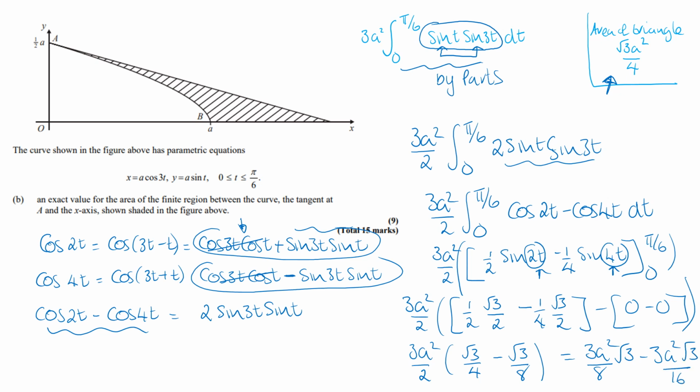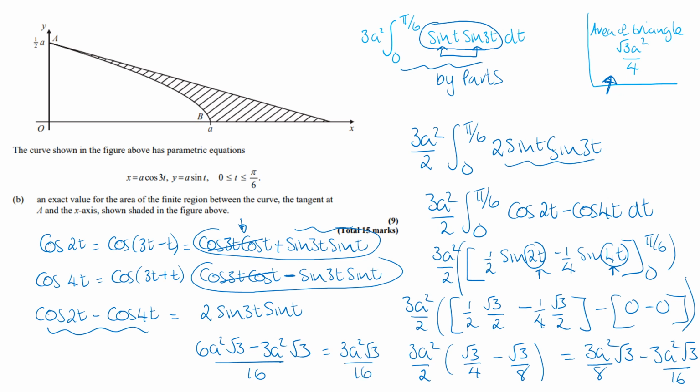And if I just put that all over 16, I'm going to have 6a squared root 3 minus 3a squared root 3 all over 16, which is going to be 3a squared root 3 over 16.